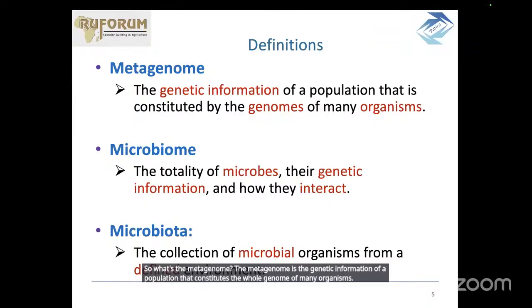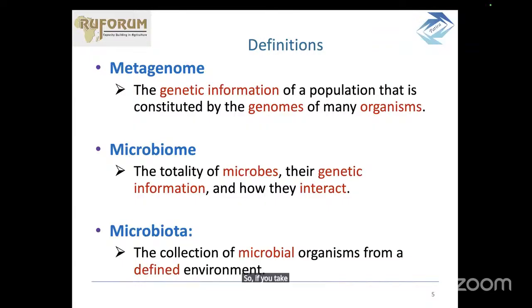So if you take a sample, maybe from a forest, the metagenome is the genomes of all those organisms in that environment. And the microbiome is the totality of the microbes, their genetic information, and how they interact.